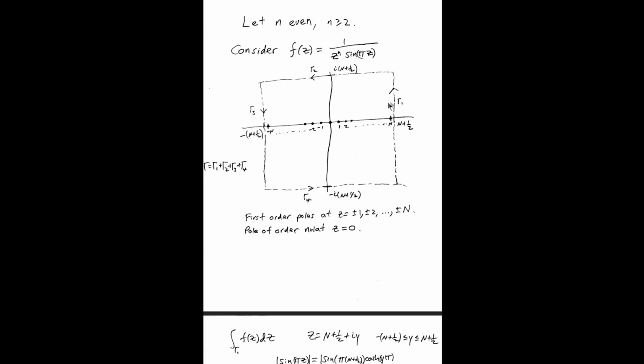Every other place on gamma 1 will have a greater absolute value of z. So the absolute value of z is greater than or equal to n plus 1/2, which is greater than or equal to n, obviously. This implies the absolute value of z to the n is greater than or equal to n to the n.